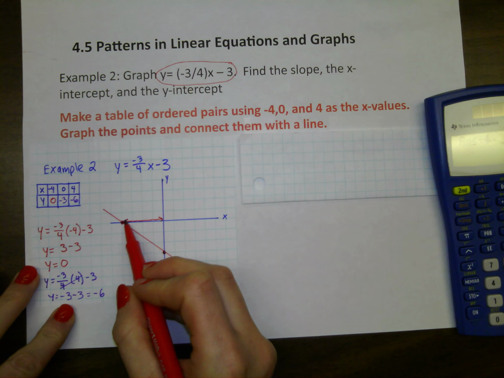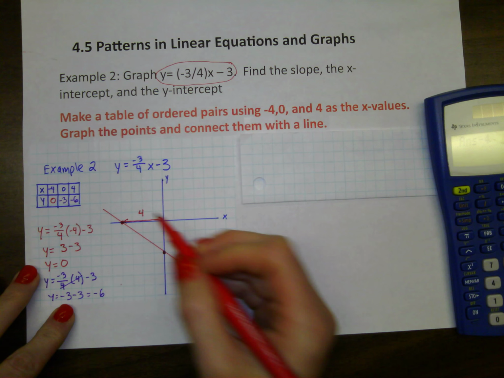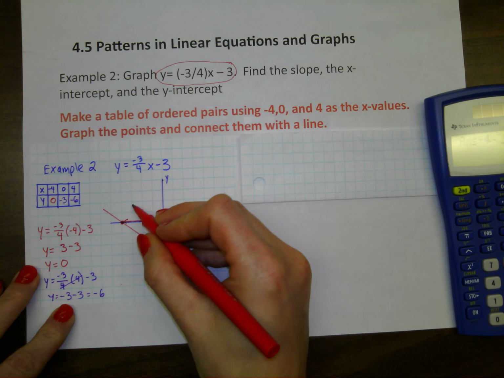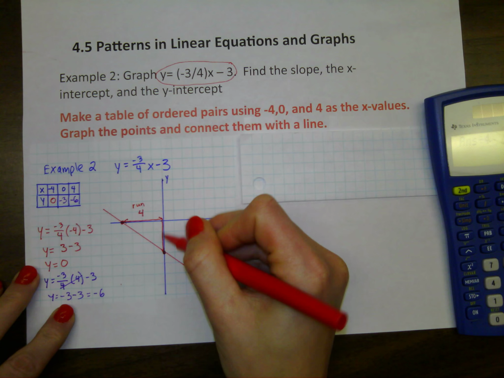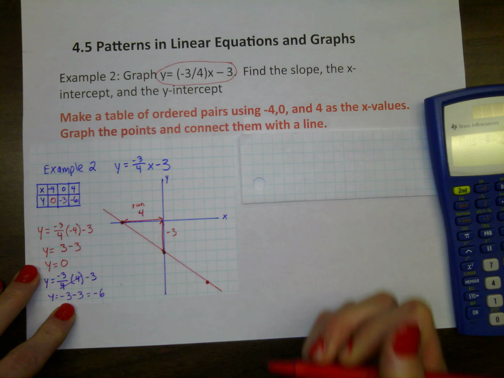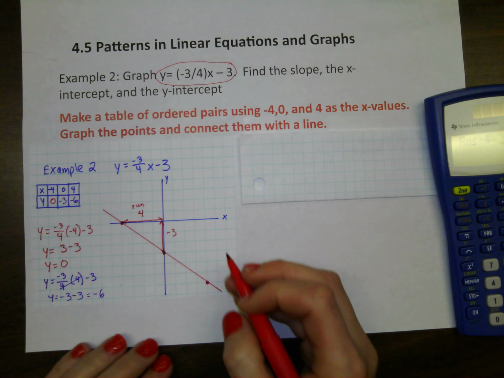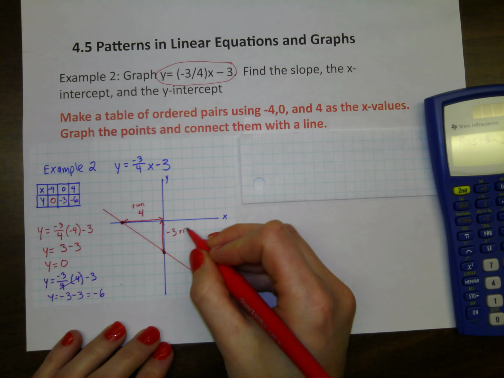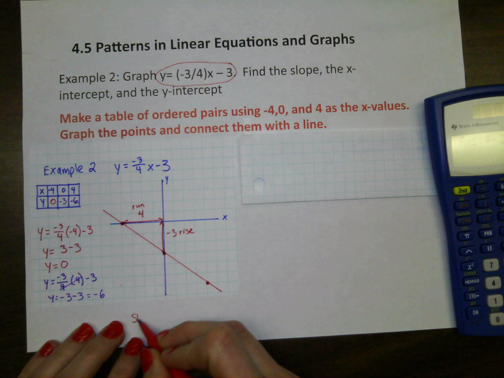So in this case, hopefully you'll be able to recognize that we have a negative slope. So what else are they asking us to find? Graph the points, we did them, and connect them with a line. We did that.